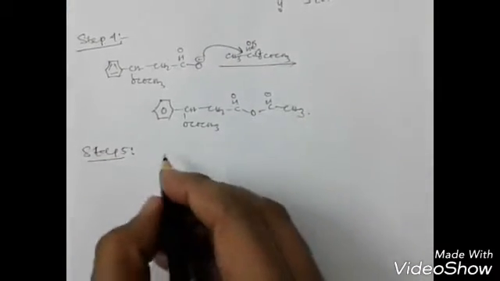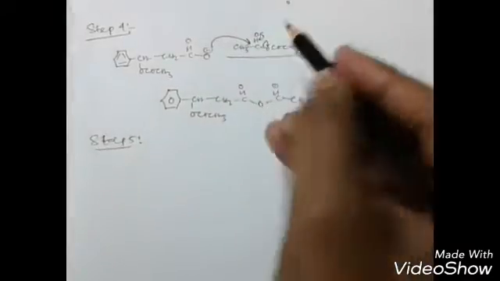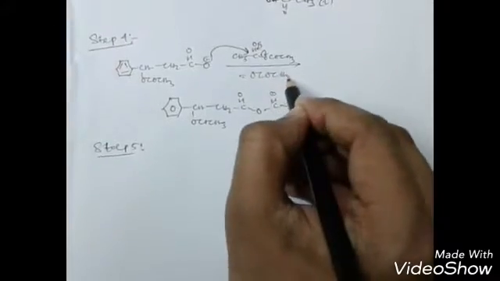Now step 5. You can see it's a very big mechanism, and the YouTubers are cutting it up. So next up, we get the acetate ion back.